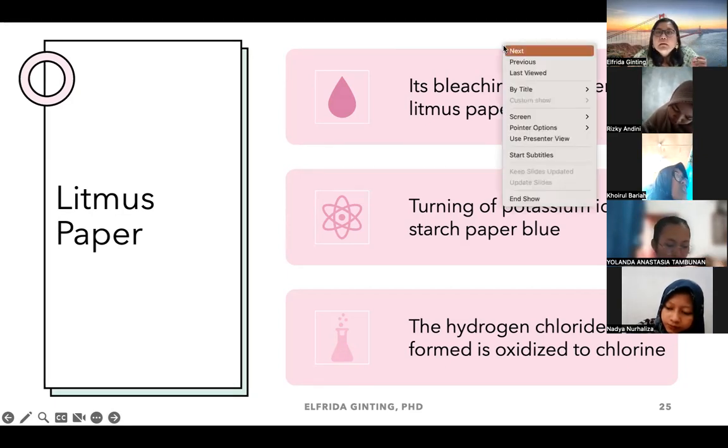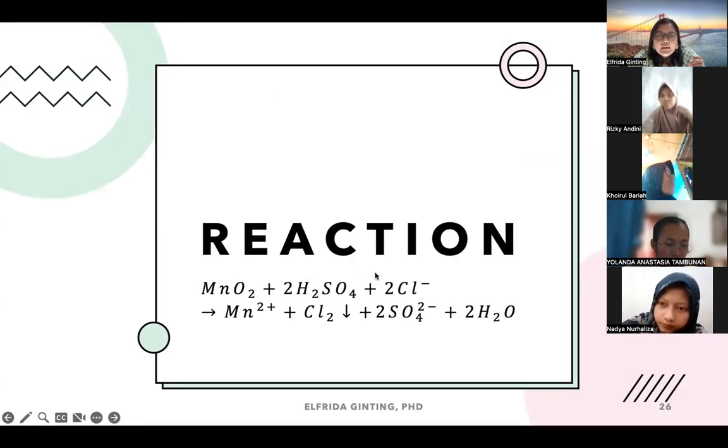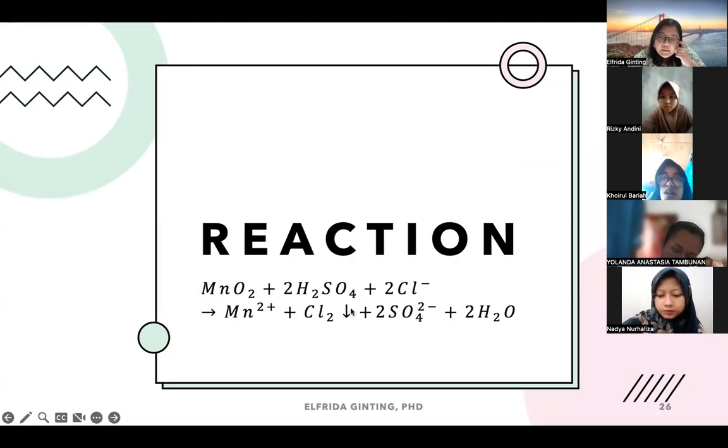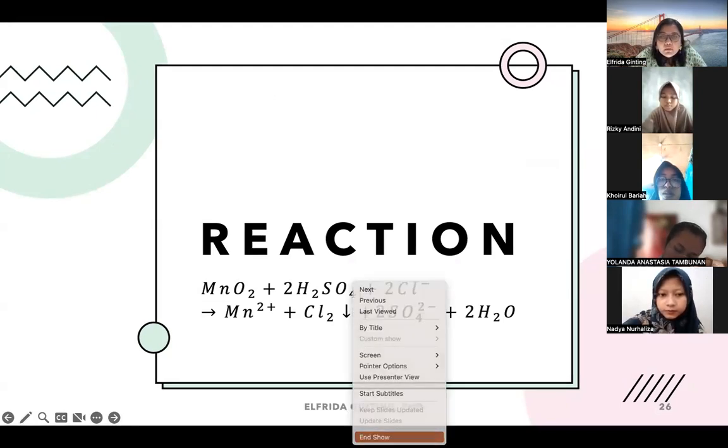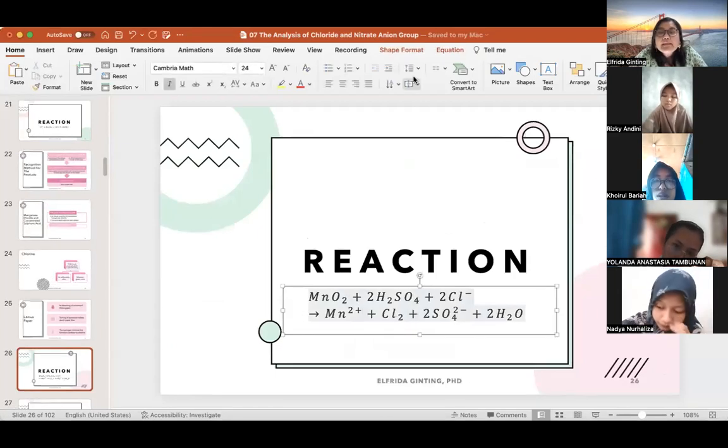Okay. Now next, this is the reaction. You can see the manganese dioxide. We mix it with sulfuric acid, and then we mix it with chloride. You can see the manganese will be reduced to manganese 2 plus, and then there will be, I made a wrong sign, this should be evolution of gas.